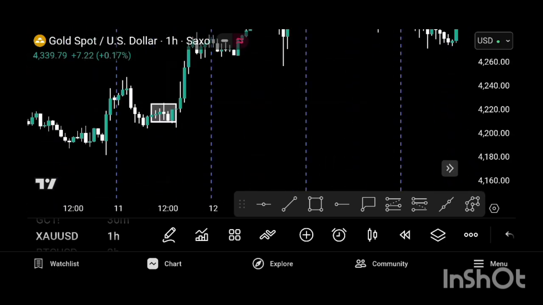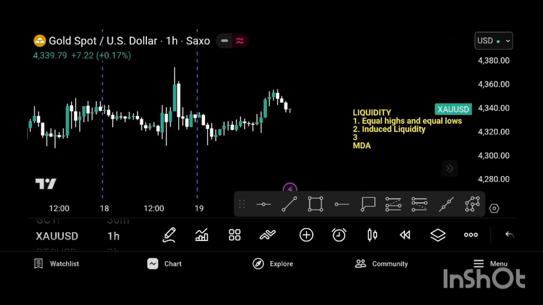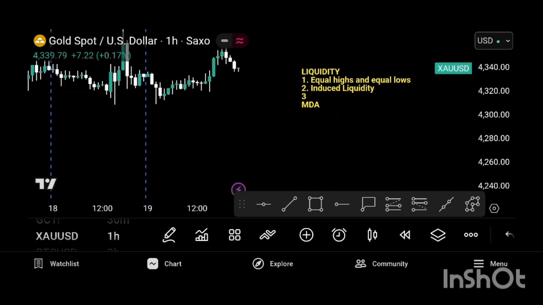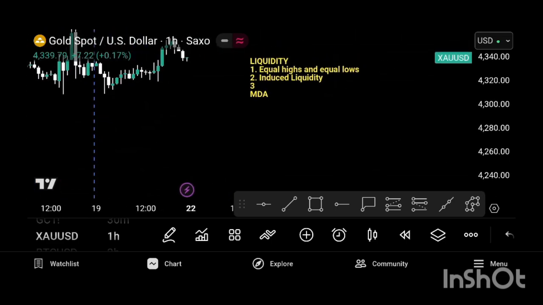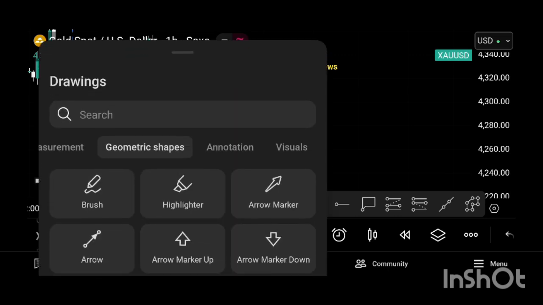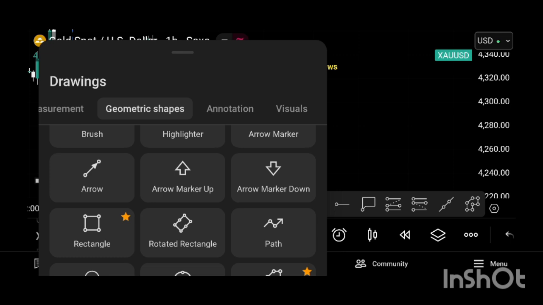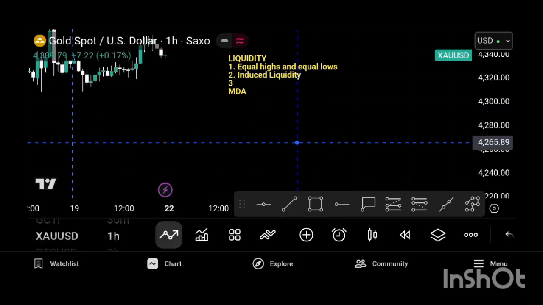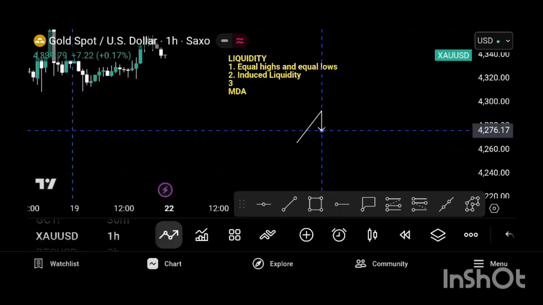The second type of liquidity that we have is what we call inducement liquidity or induced liquidity. So for induced liquidity, before a trade will happen, you will observe that maybe you have a level, you see patterns like this. Let me draw this. Okay, all right.